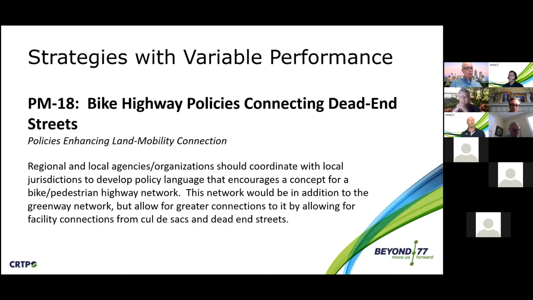And so this is, again, the network will be in addition to the Greenway network, but allow for greater connections to it by allowing for facility connections from cul-de-sacs and dead-end streets.